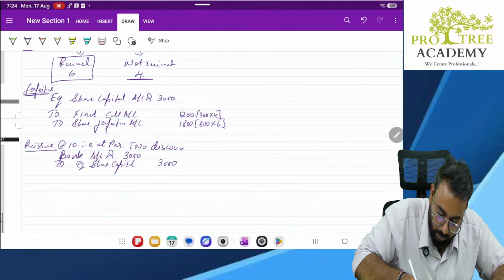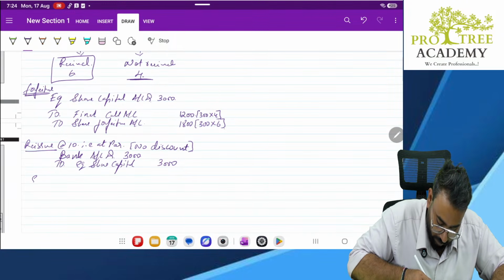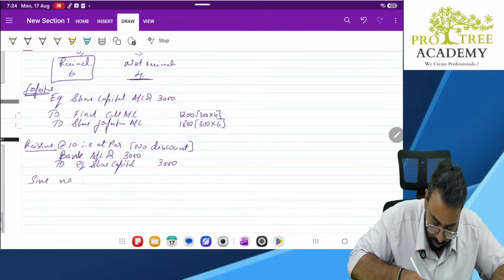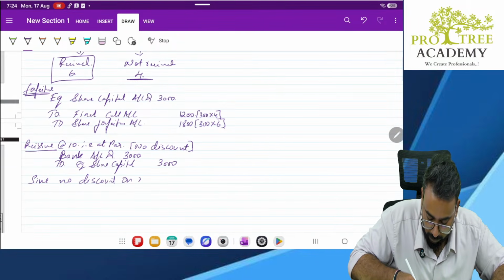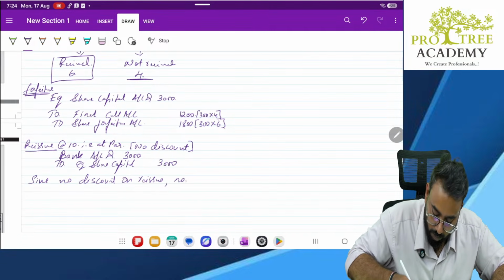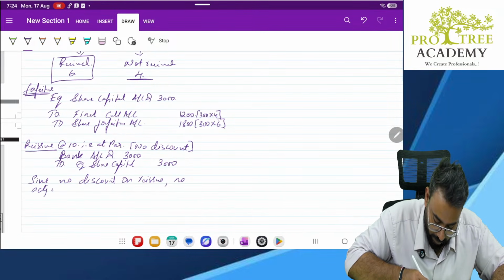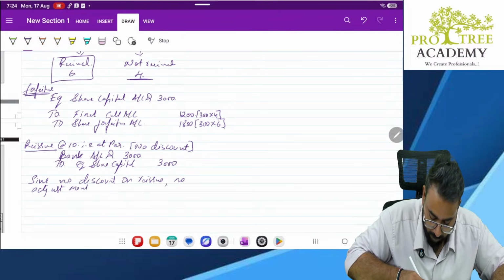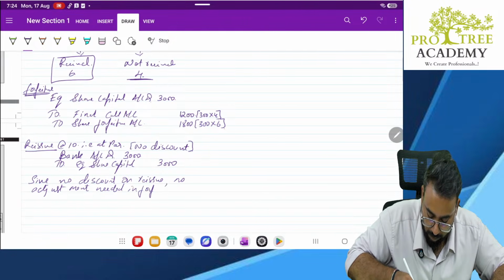No discount. Since no discount on reissue, no adjustment is needed in forfeiture account.